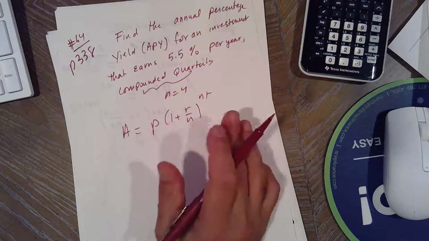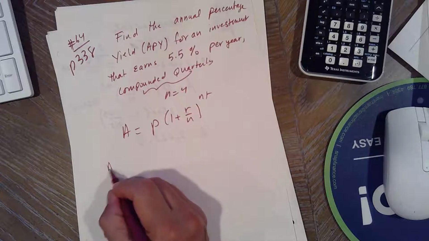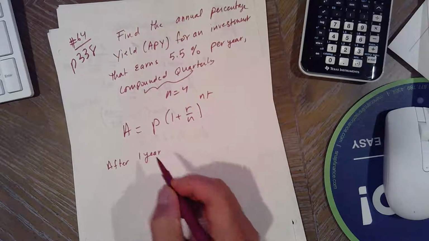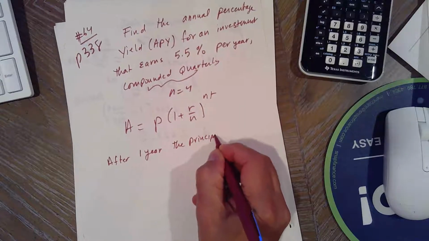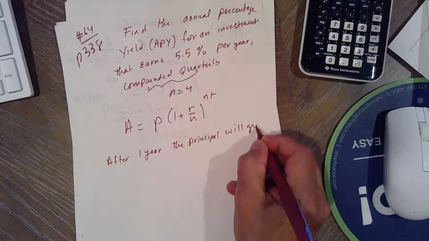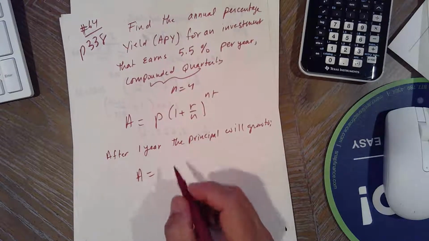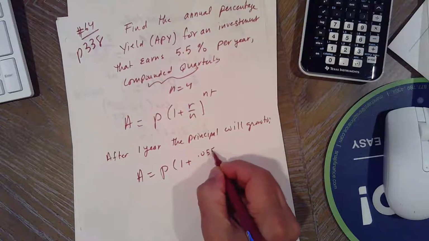So after 1 year, the principal will grow to, so what's the principal going to be? P times 1 plus 0.055. Why 0.055?